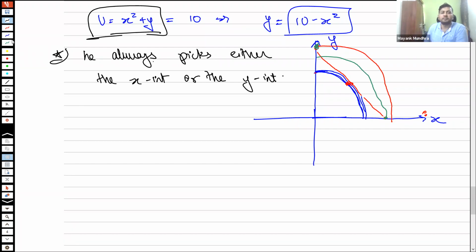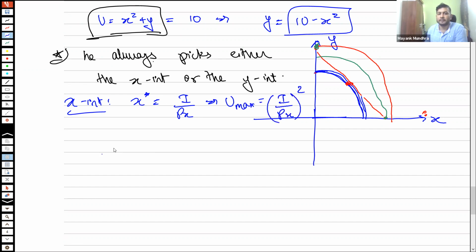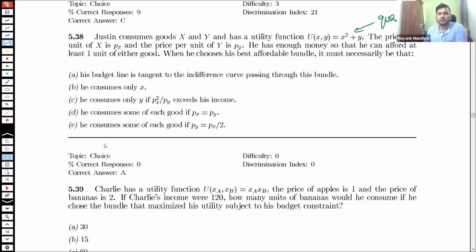So what if he picks the x-intercept? If he picks the x-intercept, the amount of good x that he consumes is going to be I by px, which means that the amount of utility that he gets is going to be I by px whole square.